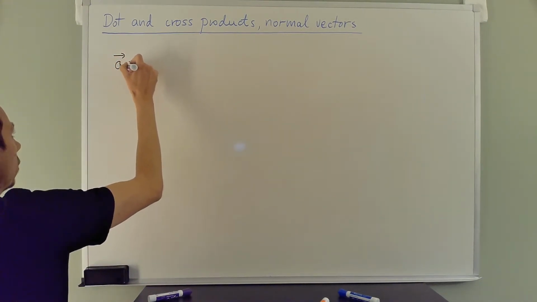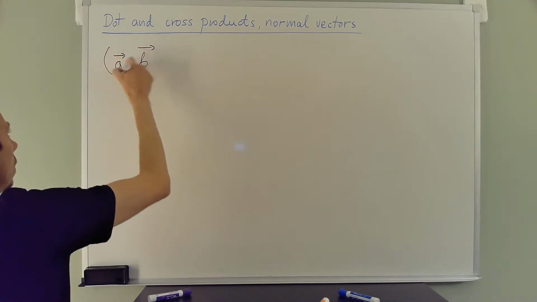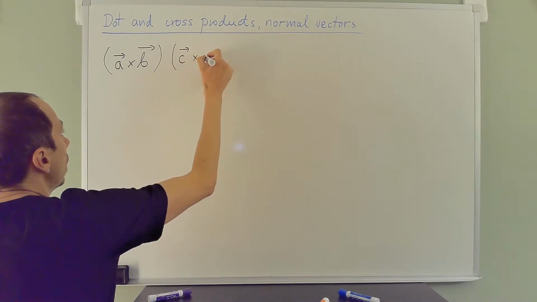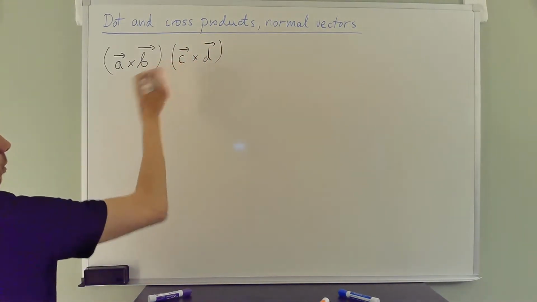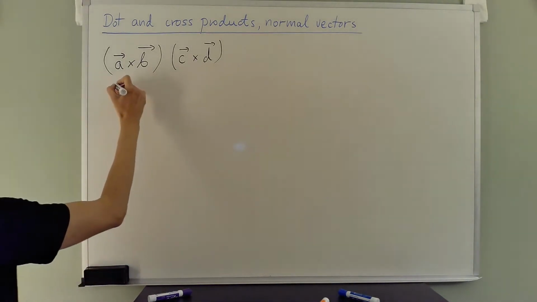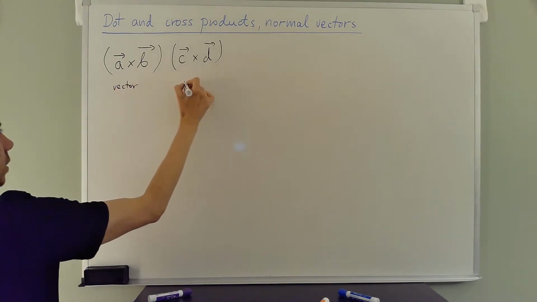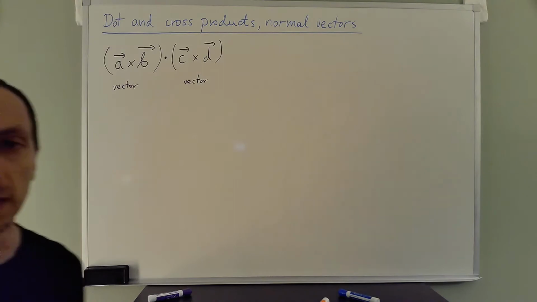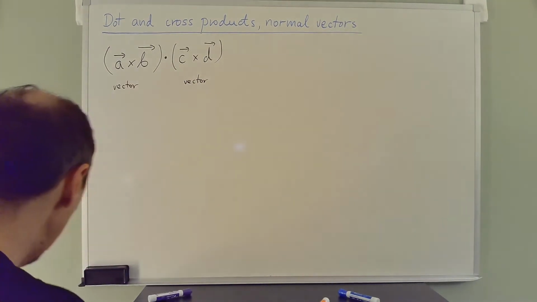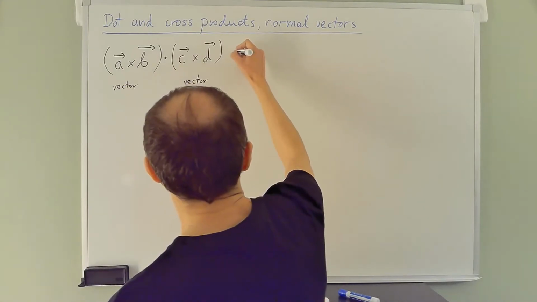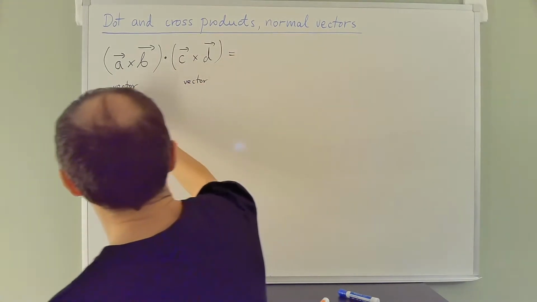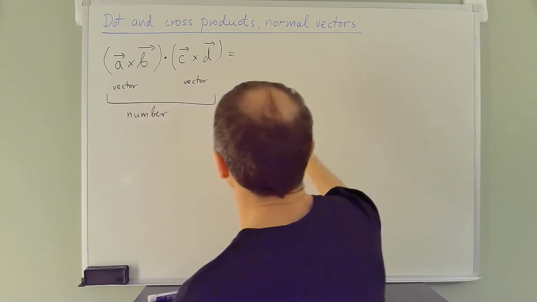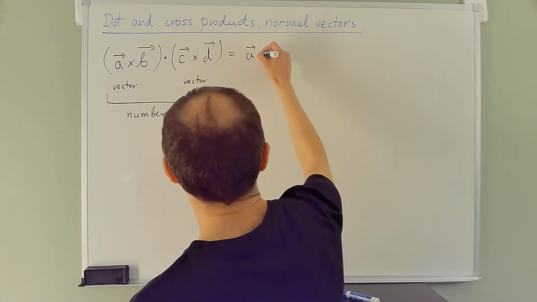Namely, if I take 4 vectors and I do the cross product between A and B, and then the cross product between C and D, this is a vector, right? And so is this. So it makes sense to take the dot product between these 2 vectors. And it turns out that that is the same as, so now our whole thing is a number, a scalar. So that's the same thing as A dotted with C.